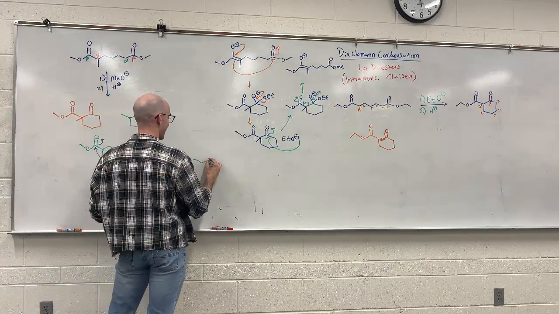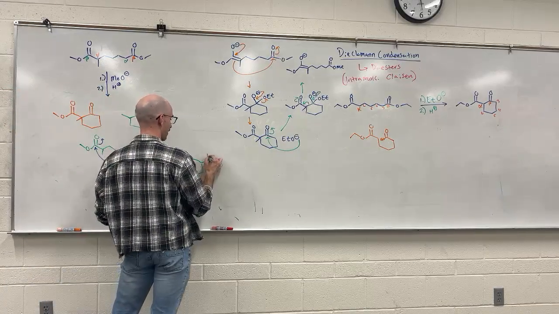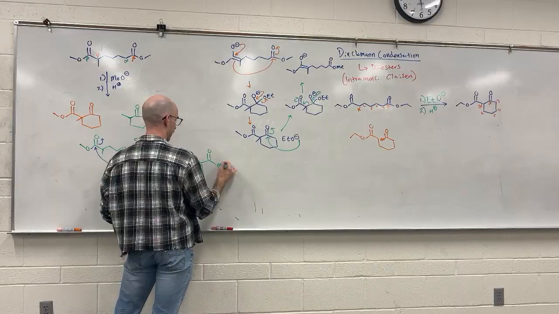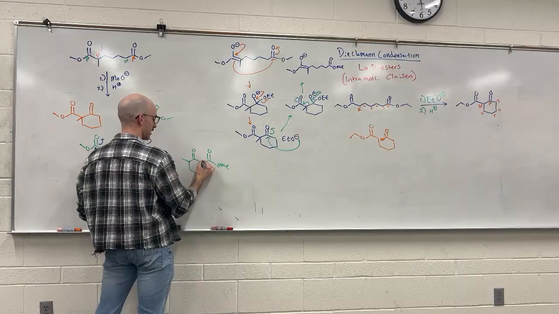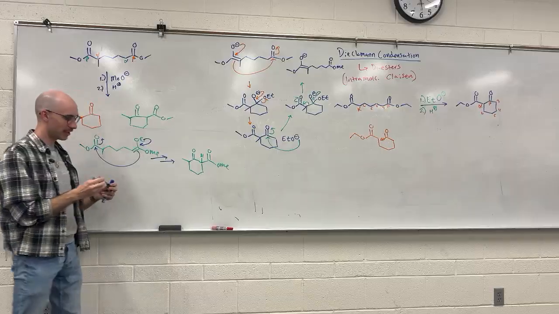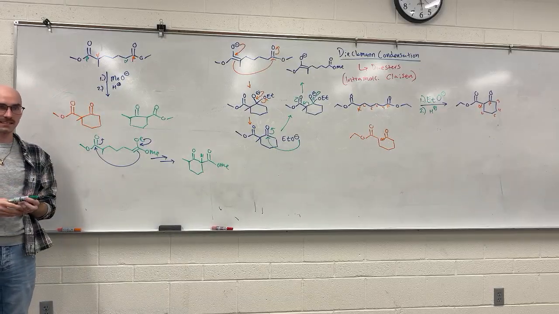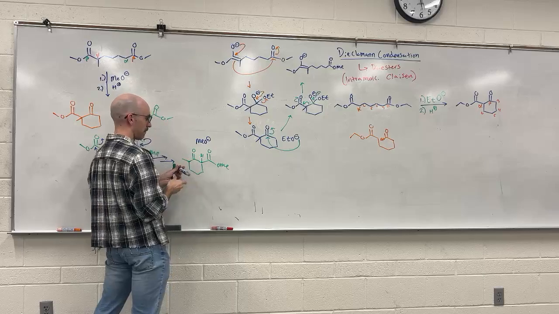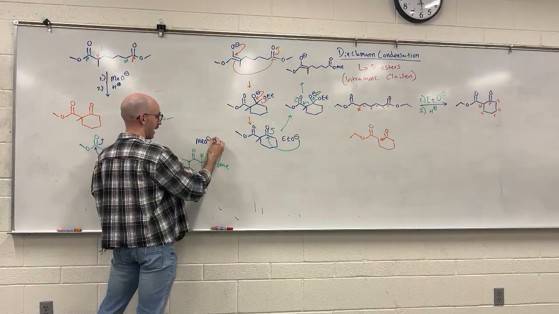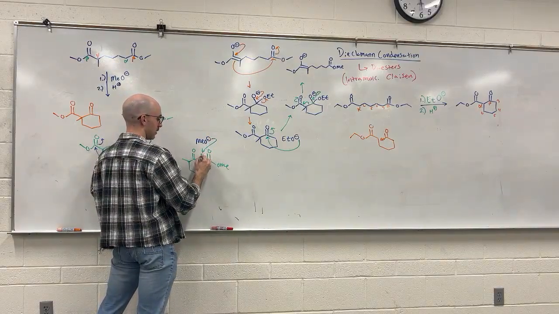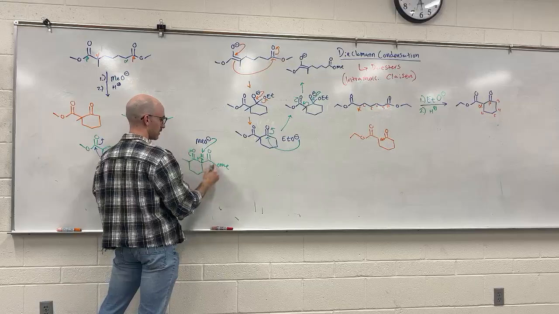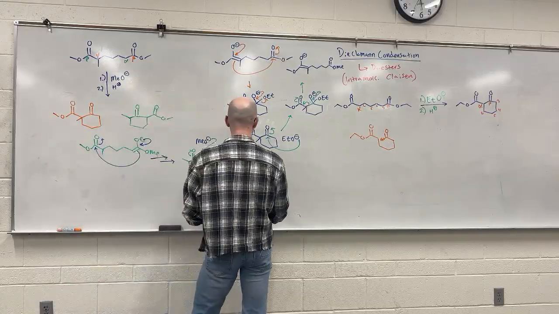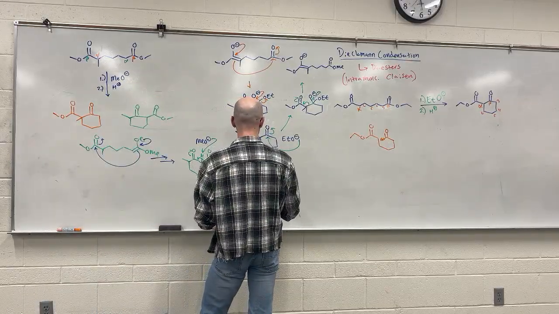We get back to this Dieckmann product, except this time I do still have a second acidic hydrogen, and so my catalytic base once again deprotonates. We call this a thermodynamic trap.